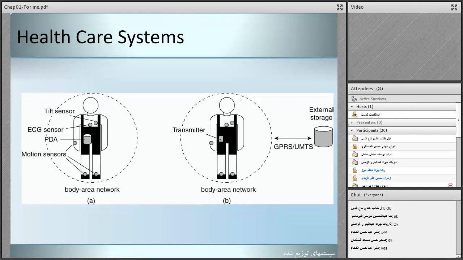Look at this picture. Sometimes we have some systems to monitor and control health information of a patient.